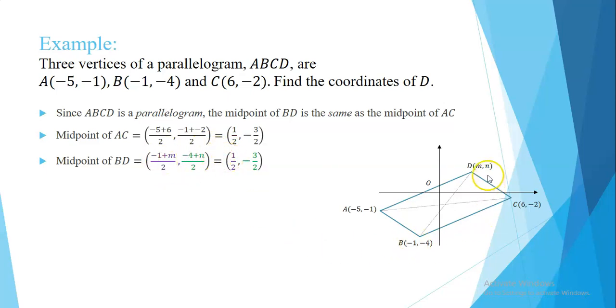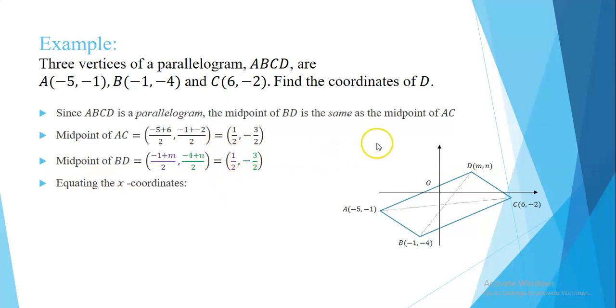In the same case for the y's, if we took -4 plus n divided by 2, this is equal to the y coordinate of our midpoint, which is -3/2. So these green values we can make equal as well.